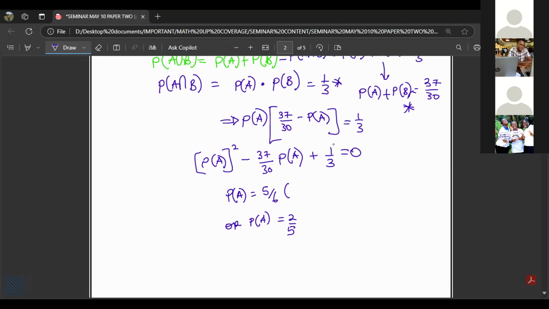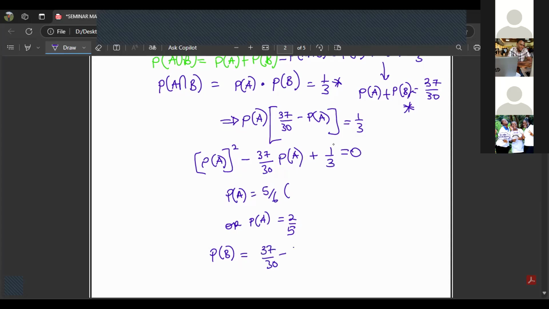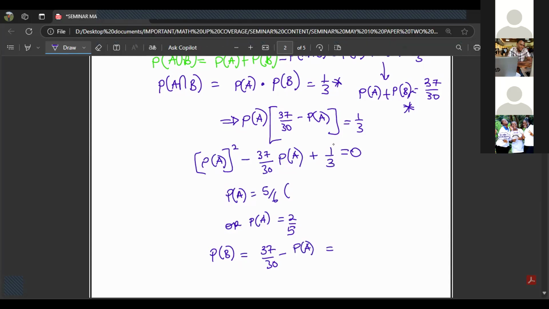I think we shall just use both and check the probability of B, because they're all less than 1. So the probability of B is equal to 37 over 30 minus the probability of A. We can take the first one as 5 over 6. So we shall have 37 over 30 minus 5 over 6, and that gives us 2 over 5.